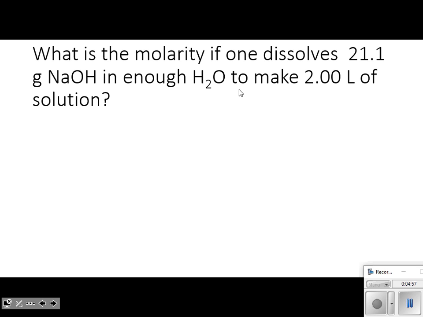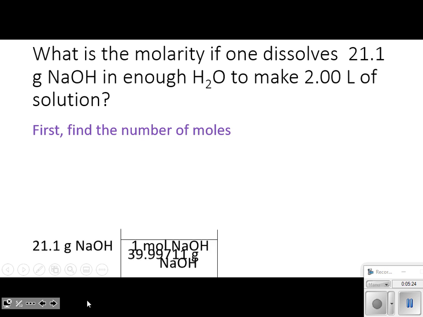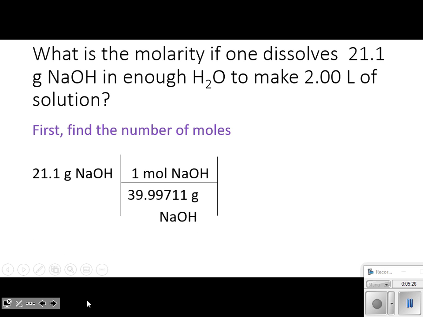However, do I have moles of sodium hydroxide? I do not. I have grams. But can I go from grams to moles? Absolutely. That's flux capacitor stuff, right? So the very first thing I need to do is find the number of moles. So I'm going to need to take the molar mass of sodium hydroxide and set up a conversion box like this.